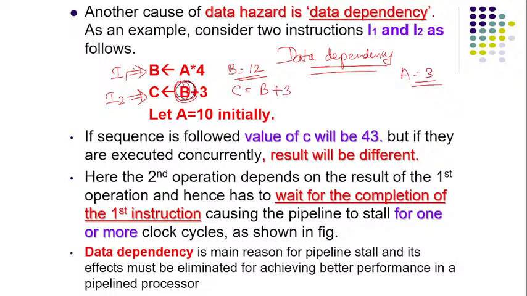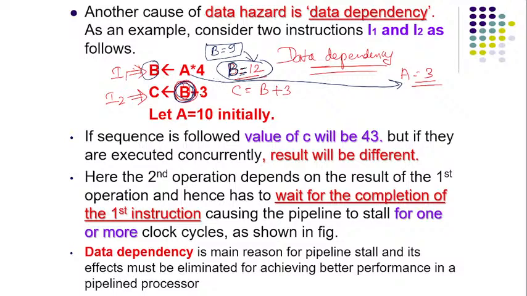Initially maybe b is equal to 9, or any value, 8, 9 or 0. But suppose a is 3, then the b value will change to 12. Once this instruction is executed, b value will be 12, right?